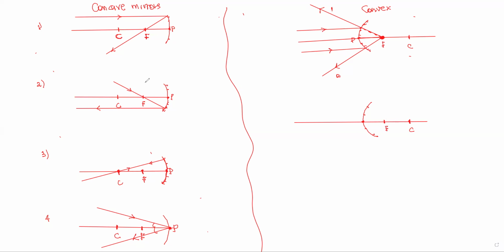A ray of light which appears to pass through F. Don't forget, F is not real, so you can't say that which passes through F. Here, F is virtual, so a ray of light which appears to pass through F, meaning that we have this ray coming from above. Look at the direction. So there's a source.